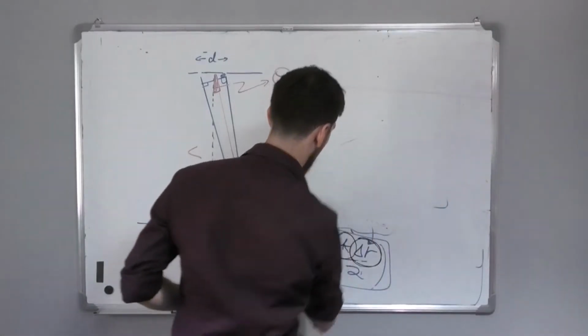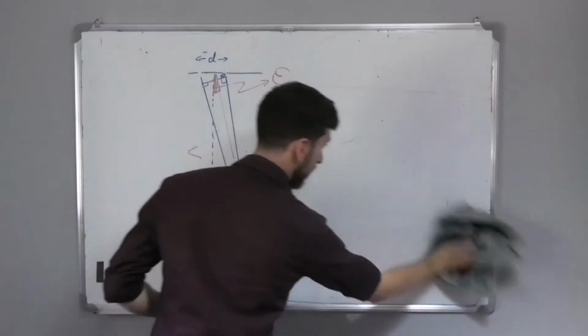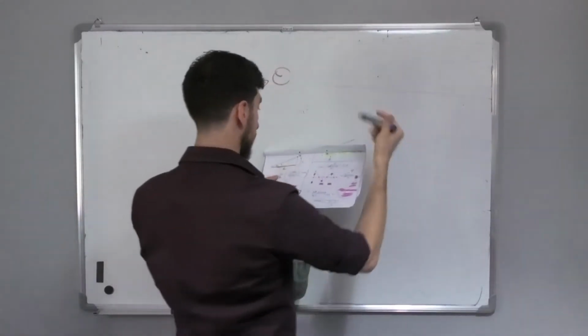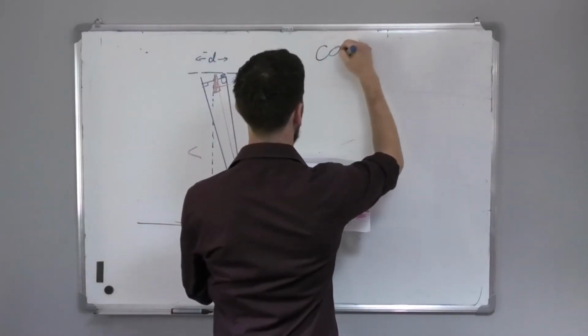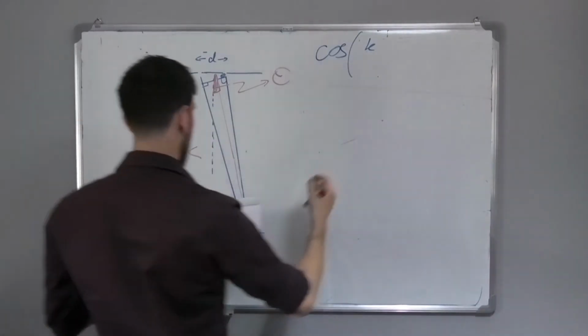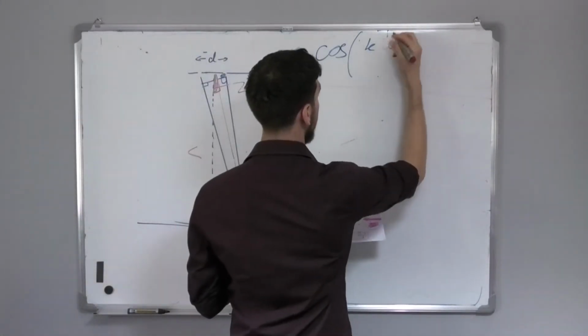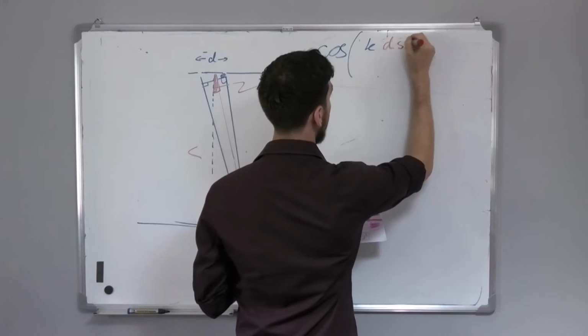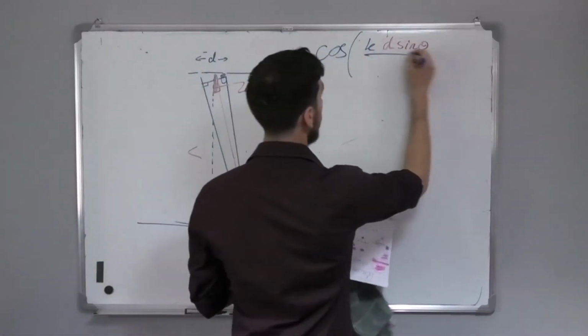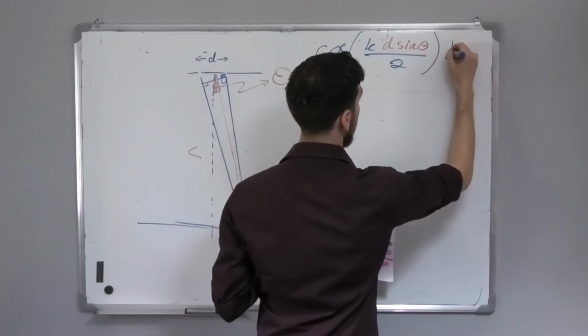So I want to declare that cosine of k, and remember our delta r is d sine theta, divided by 2, I want it to be equal to 1.